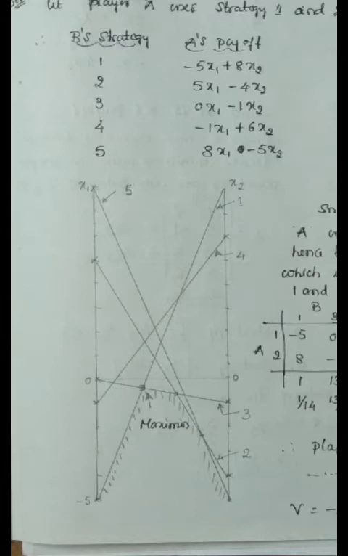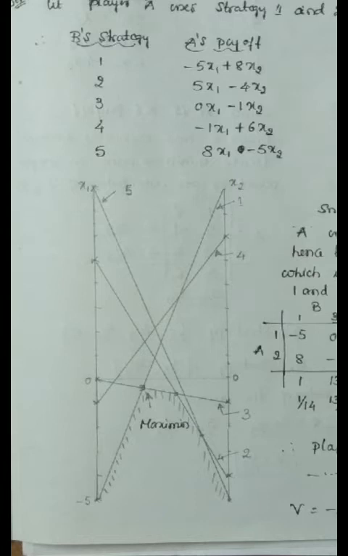Similarly, fifth strategy: on x1 it is plus 8, on x2 it is minus 5. Draw a line. Now we have drawn 5 lines, each representing a different strategy. You must number them, otherwise while deciding the best strategy you will have confusion at the end.